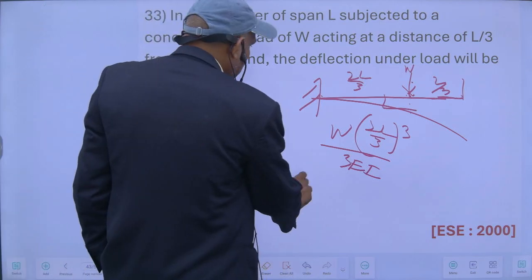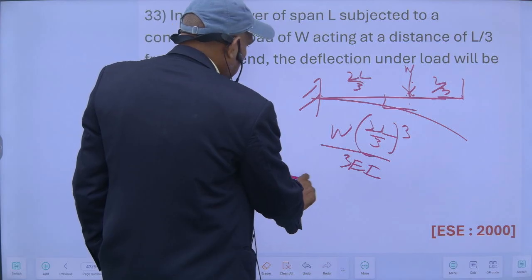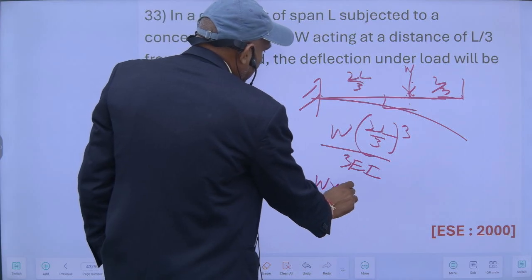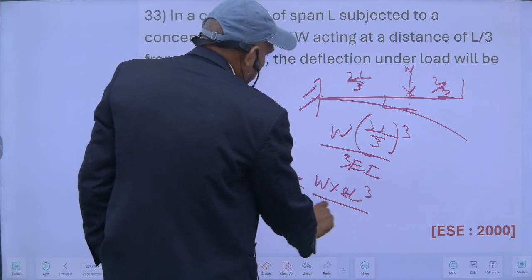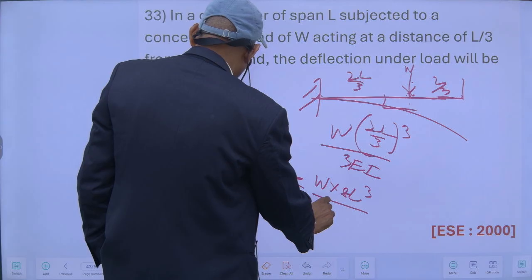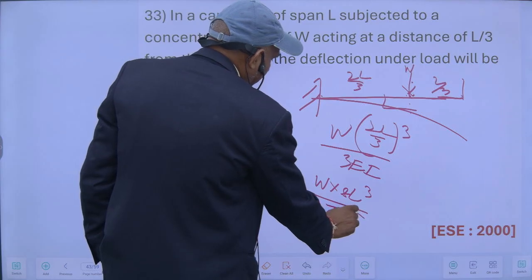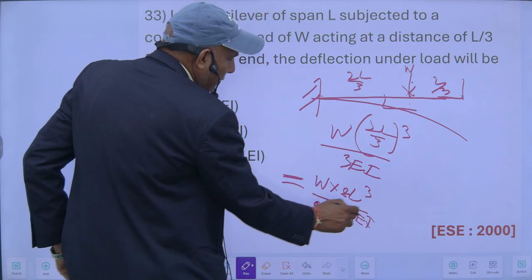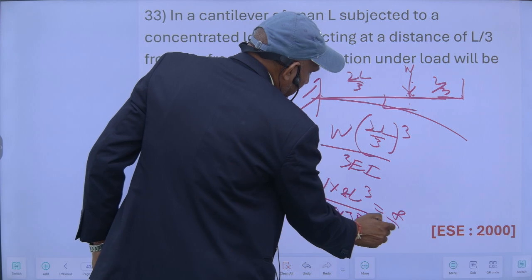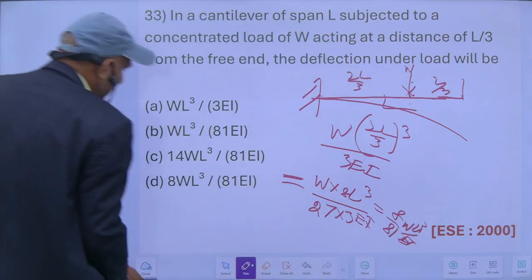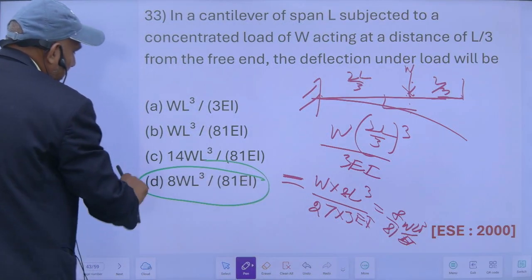So it will be W into 8L cube upon 27 into 3EI. It will be 8 upon 81 WL cube upon EI. So this will be the right option.